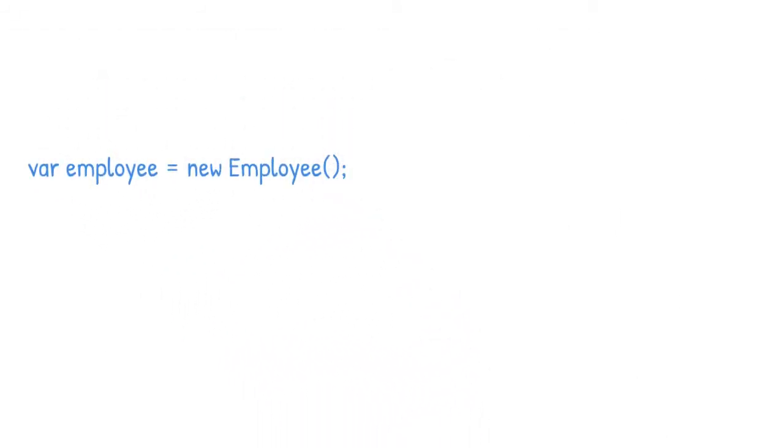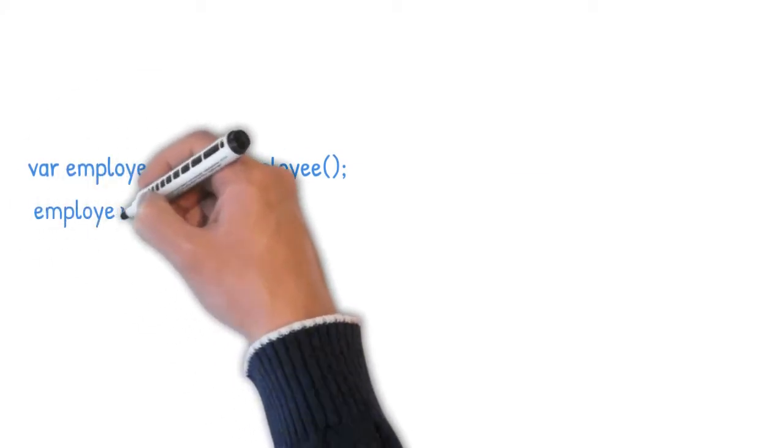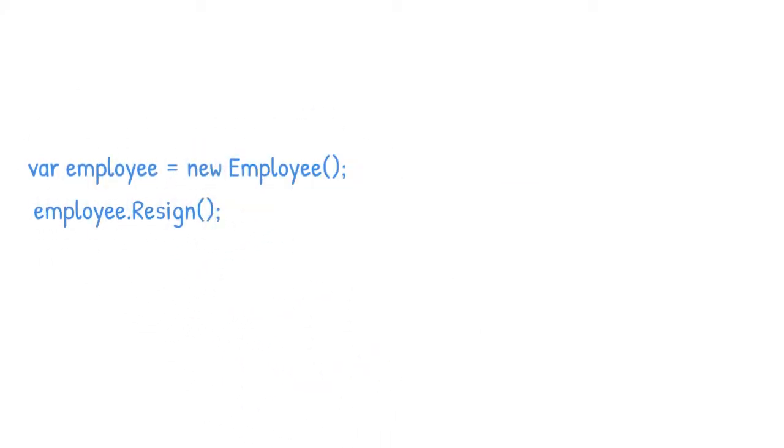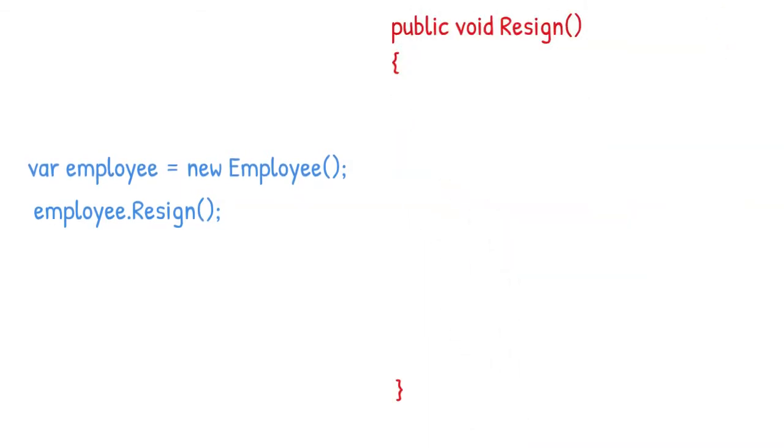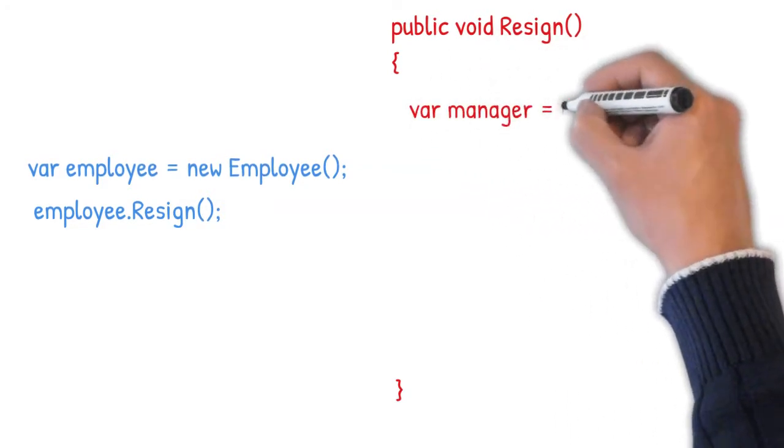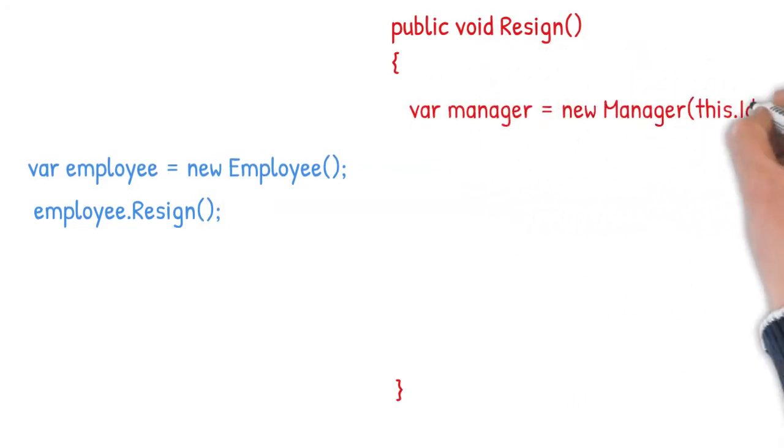So in your client code, you will be creating the instance of employee and then you will simply invoke the resign method for that instance. Now as soon as resign is invoked, we'll have to reach out to different entities like HR, accounting, and maybe your manager.